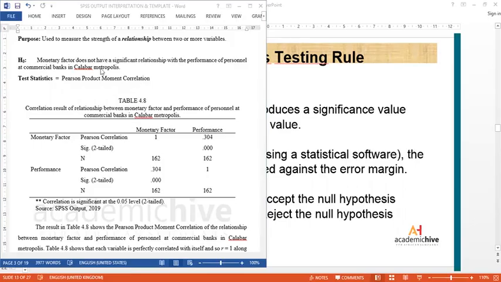If we are rejecting this because our significant value is lower than the error margin, look at what the null hypothesis says. It says monetary factor does not have a significant relationship with the performance. What would the decision we want to take now be? If we are rejecting this, what are we accepting? Can someone say something?